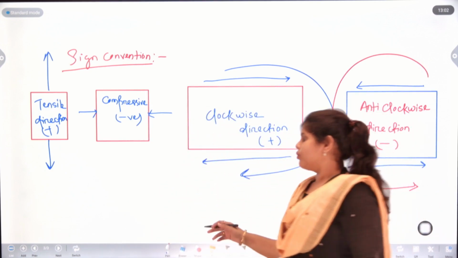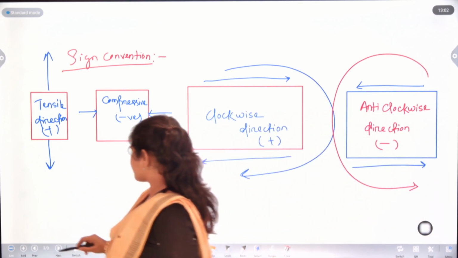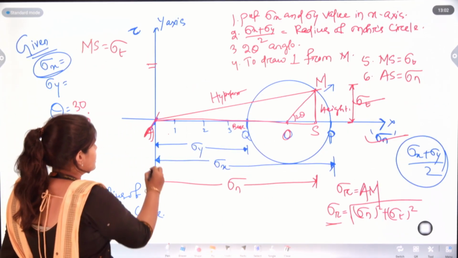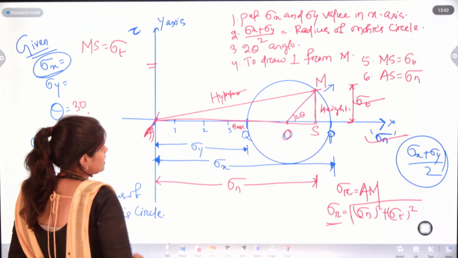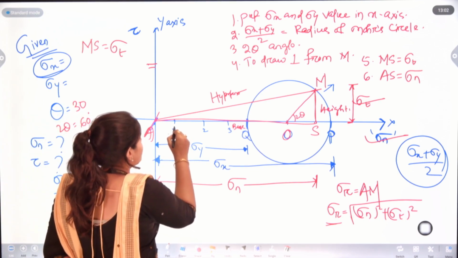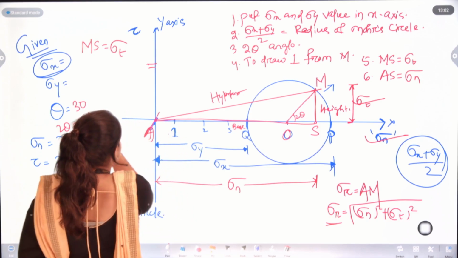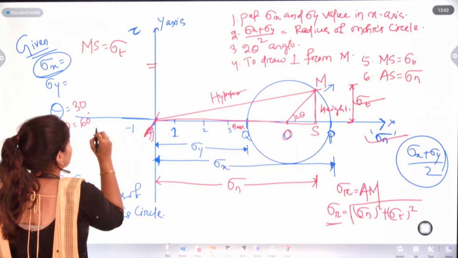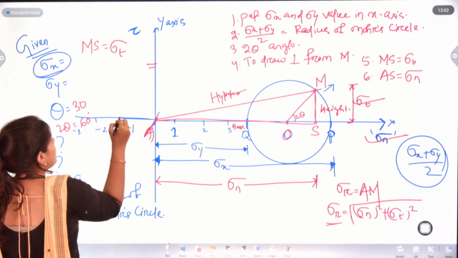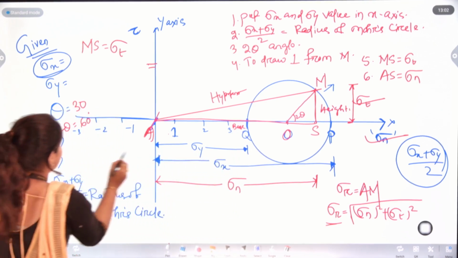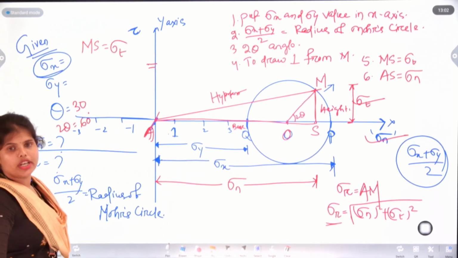So finally, what will we do in case of the Mohr circle method? Here, if sigma x is negative, the positive side is in the axes. Here we will have 1, 2, 3, and here we will have -1, -2, -3, like this. So this sigma x we will draw here in this direction.